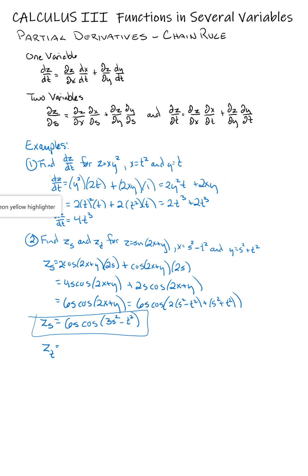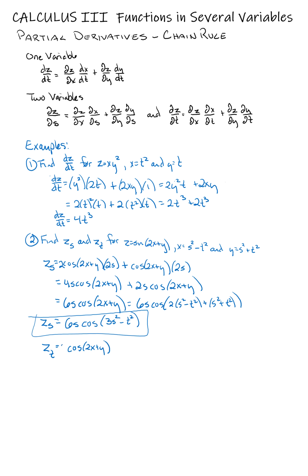Now let's try the partial of z with respect to t. So again, I'll start by looking at the x's, take the partial of z with respect to x, and then the partial of x with respect to t. So we're just working with the x's now. Partial of z with respect to x gives us cosine of 2x plus y. Of course, the chain rule says if I take the derivative of this, we end up with a 2.